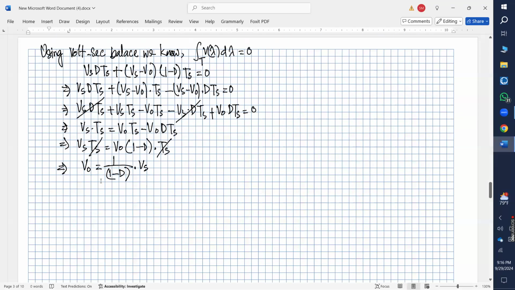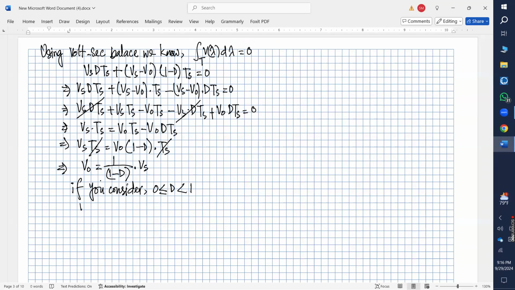So if you consider your V, it would be greater than or equal to 0, then G less than 1. So what will happen when D is 0?